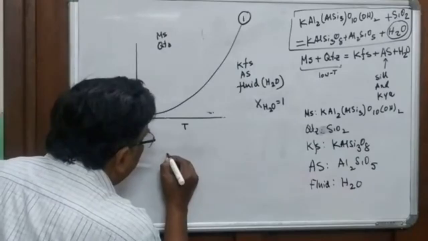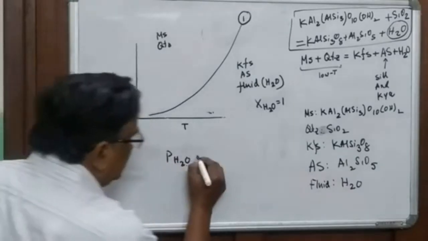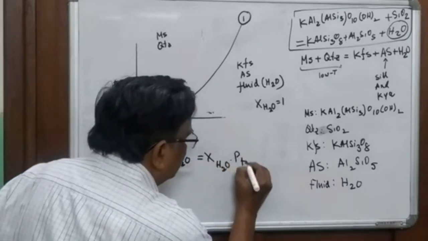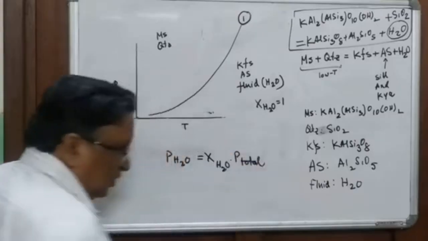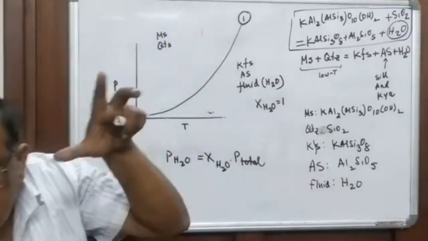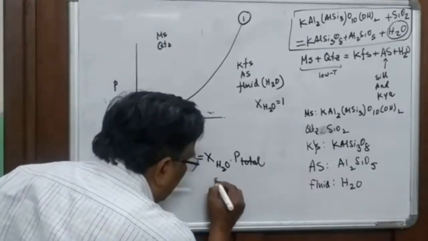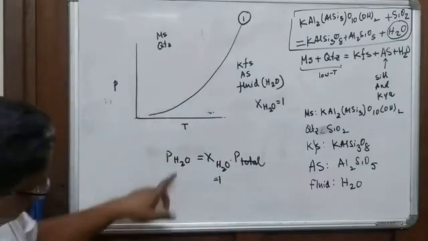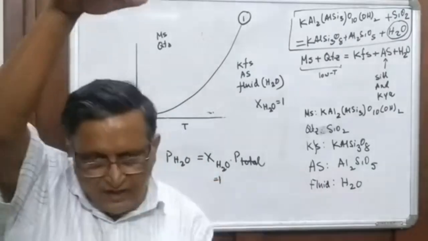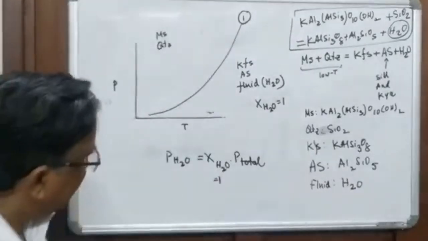So pH2O, the partial pressure of H2O, is equal to XH2O times P total. P total is the lithostatic pressure and pH2O is the partial pressure. At XH2O equal to 1, the partial pressure of H2O is the same as the overload pressure. Have you understood?